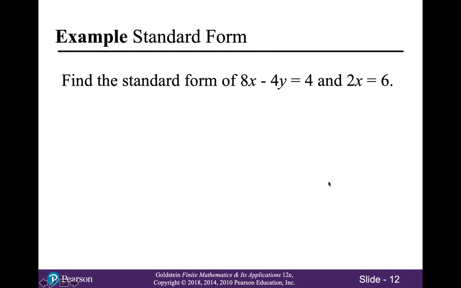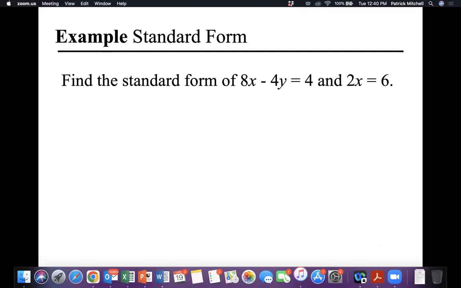All right, so in this example, we're going to find the standard form of the equations 8x minus 4y equals 4, and then 2x equals 6. So these are two separate problems. Let me go back to the tablet.